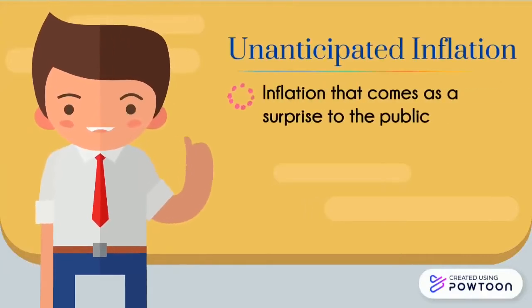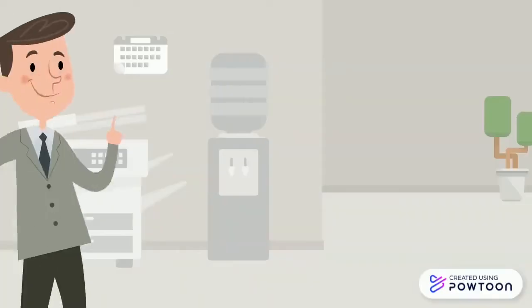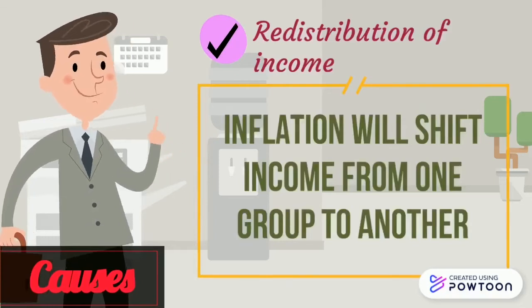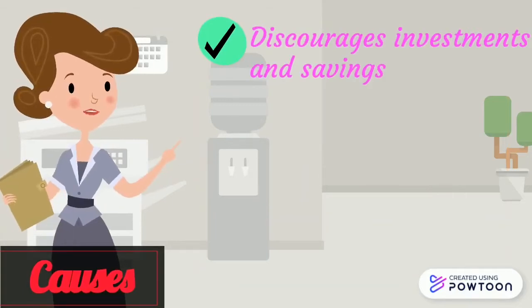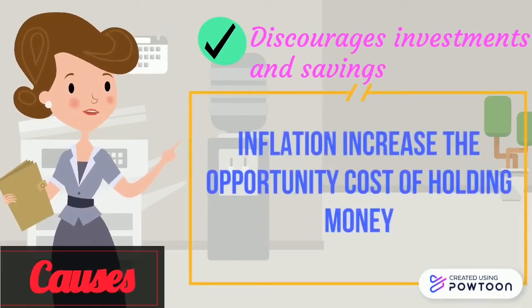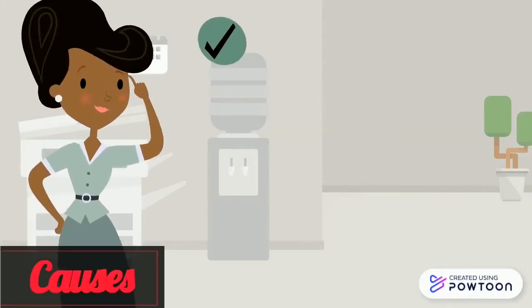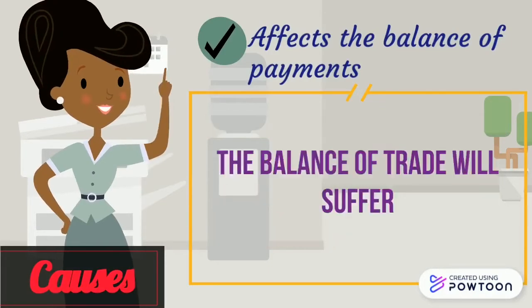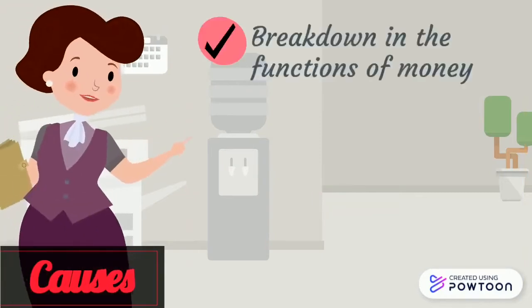Unanticipated inflation: redistribution of income, discourages investment and savings, affects the balance of payment, and breakdowns in the function of money.